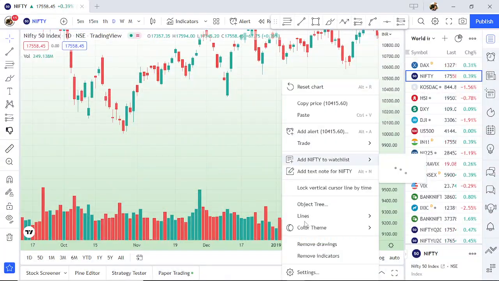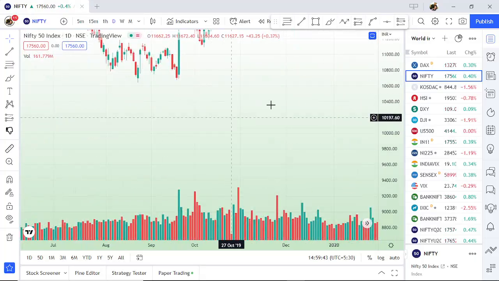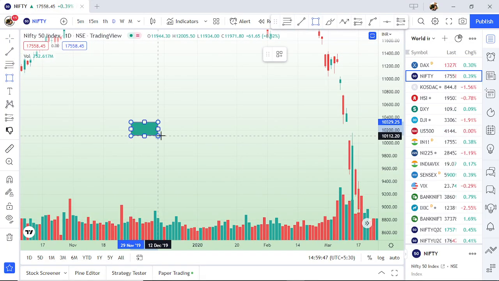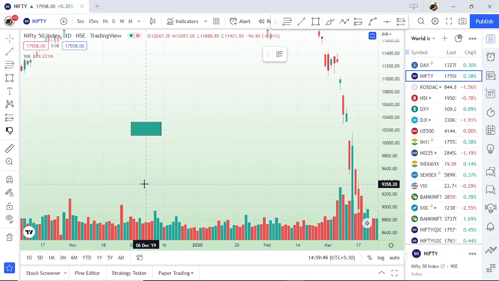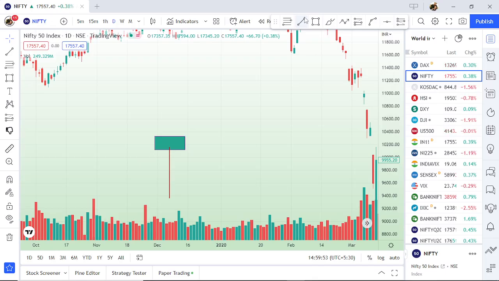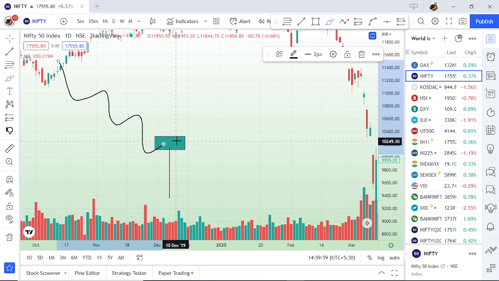I'll explain it better so that you don't get confused later, because these are basic things. A hammer is taken into consideration when the market is in a downtrend. In a downtrend, when this hammer is formed, we take it as a reversal consideration.